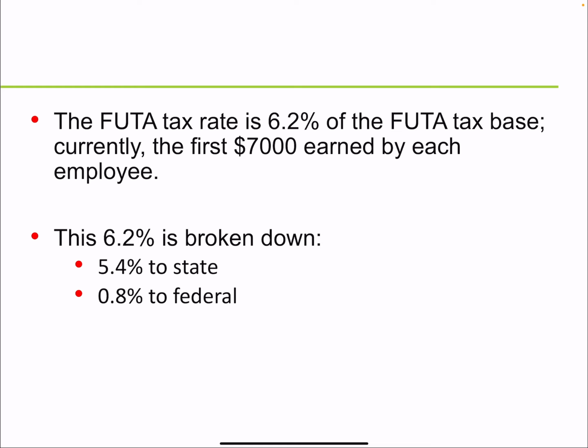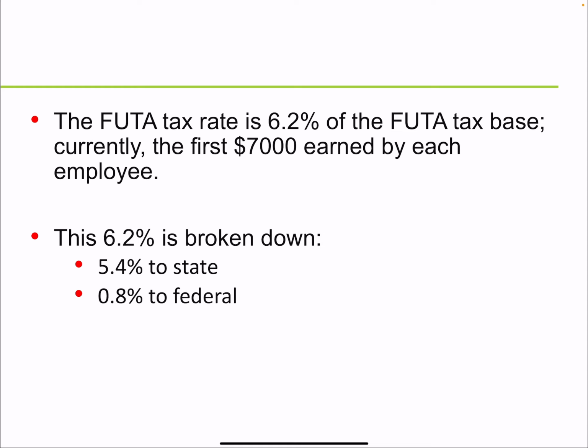The FUTA tax rate is 6.2% of the FUTA tax base, currently the first $7,000 earned by each employee. So as an employer, you have to pay 6.2% in federal unemployment tax for the first $7,000 earned by each employee, which doesn't take the whole year for most people.